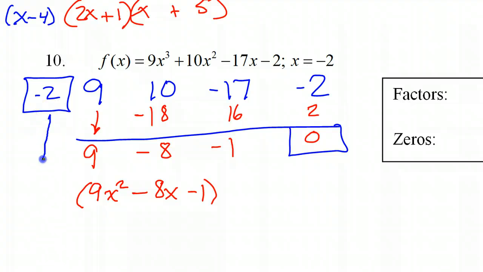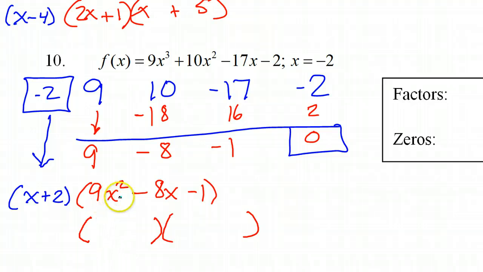Let's go ahead and bring down the factor, which is x plus 2. But we have to keep going. 9x squared. It could be 9x and 1x, but it might be 3x times 3x.